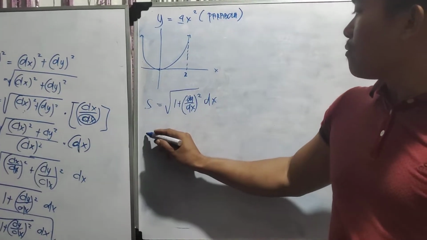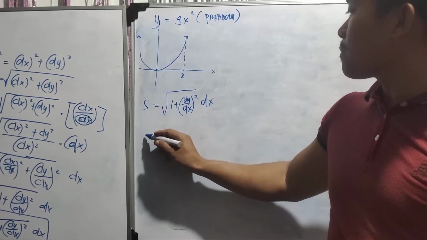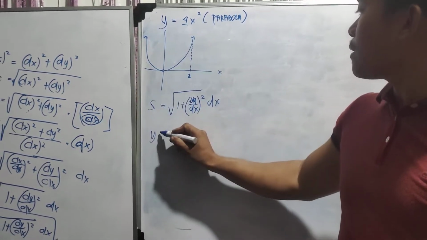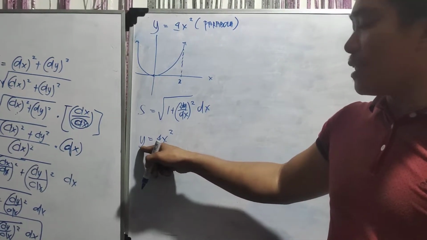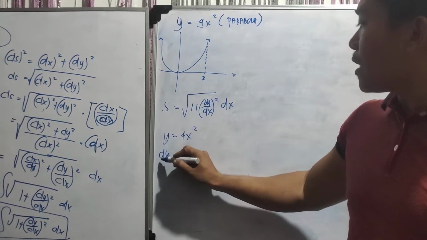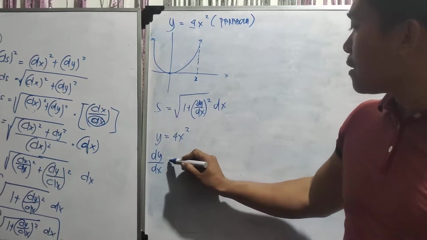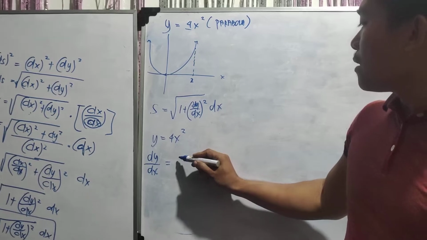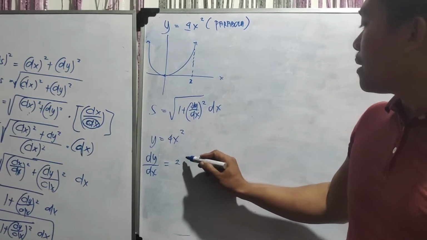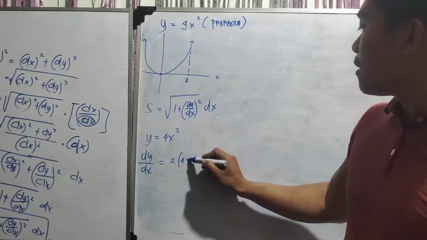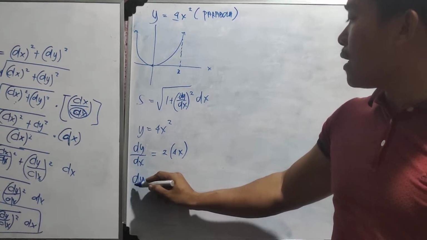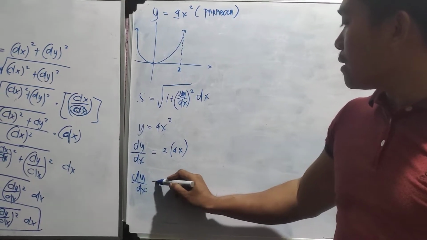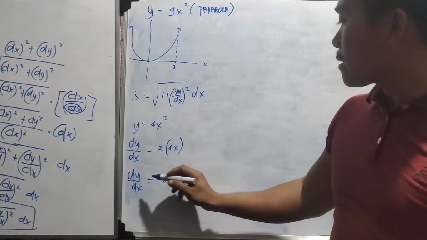So y is equal to 4x squared. Taking the first derivative, the derivative of y with respect to x, is just 2 times 4x. Okay? Power formula. So dy over dx is just 8x.